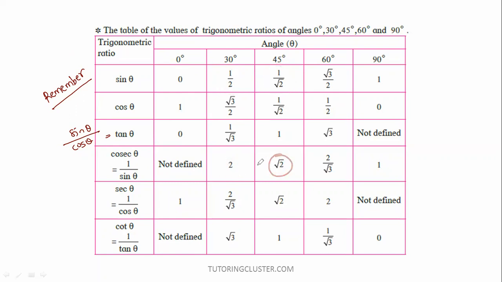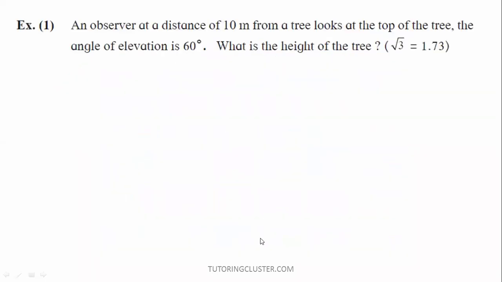Root 2. Okay, what will be the reciprocal of 1? 1. So please pause this video here, note down this complete table, and please revise and learn this table. Okay, now let us see the actual applications of trigonometry.